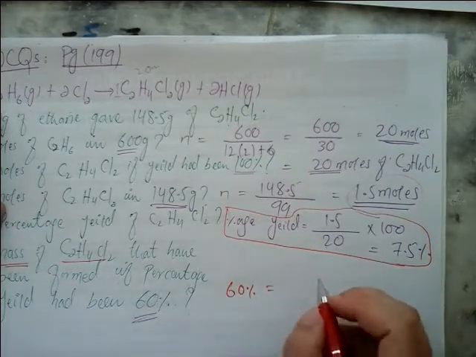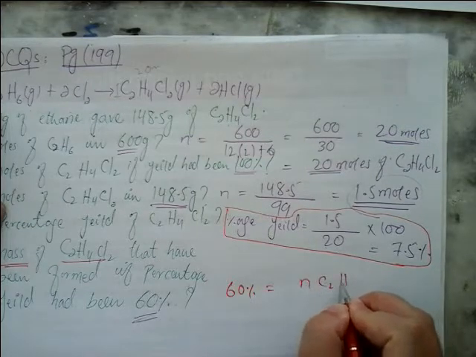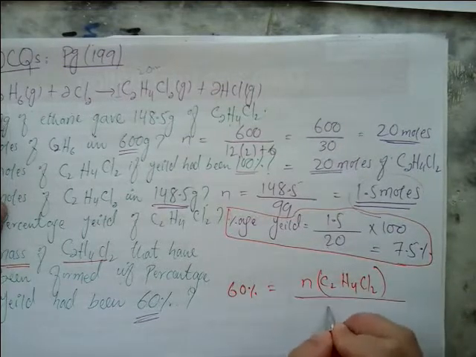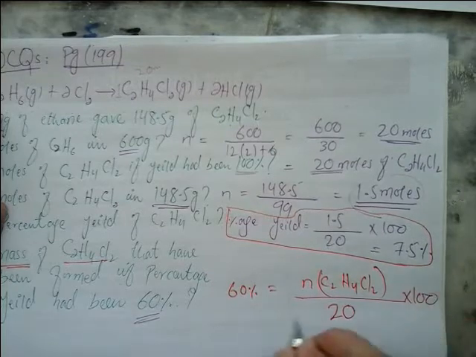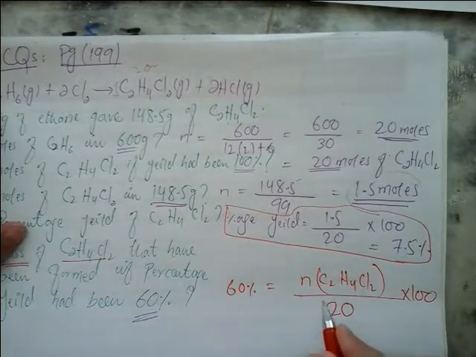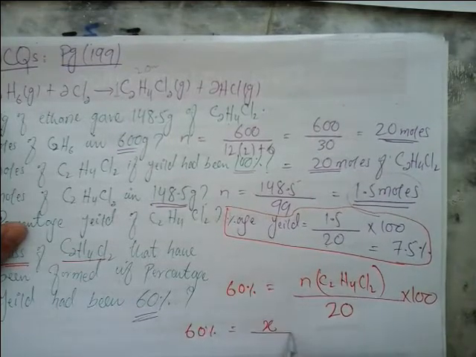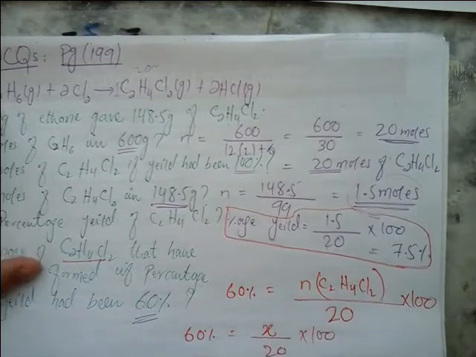We do not know the moles of chloroethane, so moles of chloroethane is unknown, and moles of ethane is 20, multiplied by 100. So we will put the value of x: 60% is equal to x over 20, with x as the moles of chloroethane, multiplied by 100.